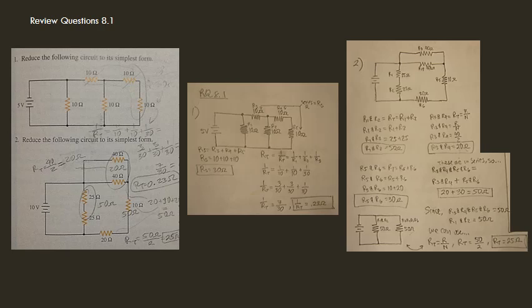However, we can still simplify some more, like R3 and R4 and R5 and R6, which are still not simplified to the maximum, so we can simplify those. In this case, we have 20 ohms and 30 ohms. We add those, we get 50 ohms.